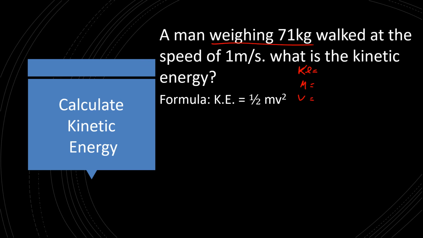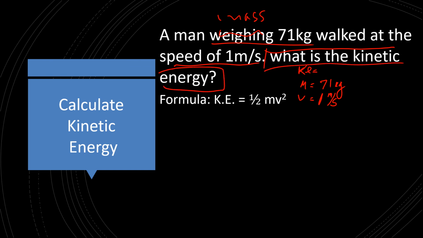A man weighing 71 kilograms, that's a mass, so we can put 71 kilograms in there. Walked at the speed of 1 meter per second. Velocity is speed with a direction. So we have 1 meter per second. And the question, what is the kinetic energy? So there's our big question mark.